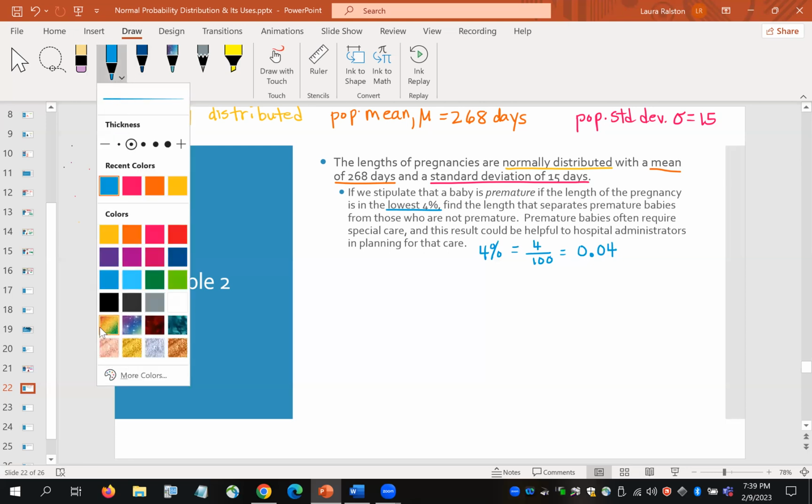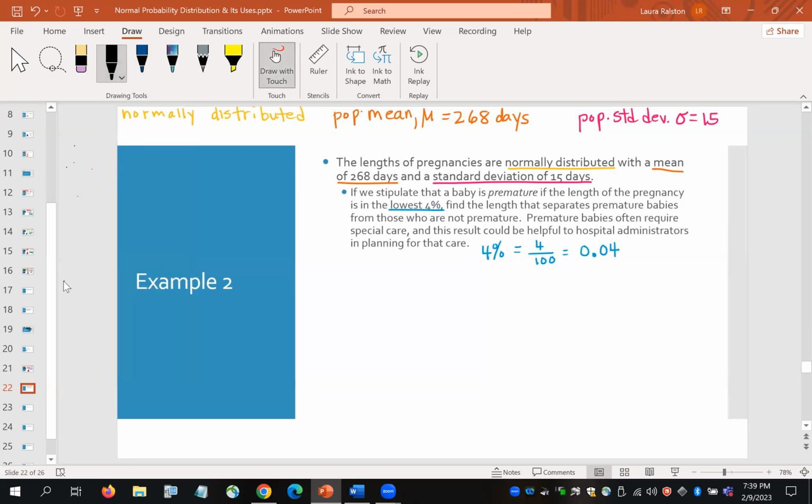Let's see if we can think about what the picture would look like. I have a bell-shaped curve. My mean was in the middle. It's 268 days. Remember, this goes from 0%, the mean is 50%, up to 100%.